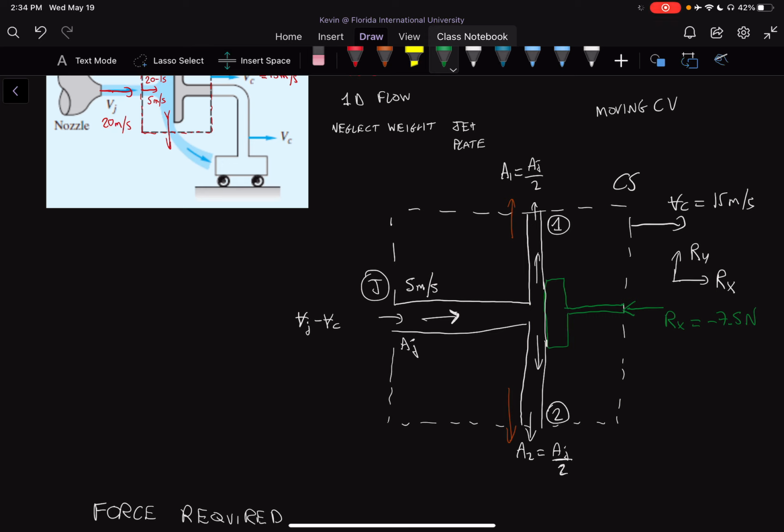So we assumed initially that the reaction in x would be towards the right. Because of the negative, it gets flipped towards the left. Okay, so it just means that the reaction force is in the negative x direction.